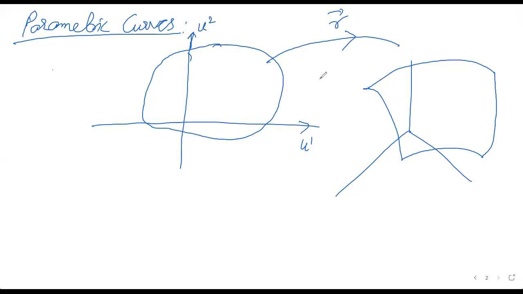Now you are mapping through R. So suppose I am taking a curve where u2 is equal to some constant. If u2 is constant, what will that line be? Parallel to u1, this is the line. So now if you map this u2 equal to constant line, it will map here somewhere.